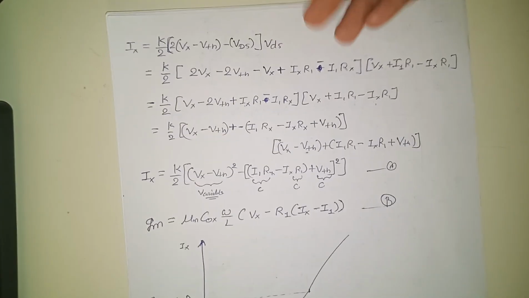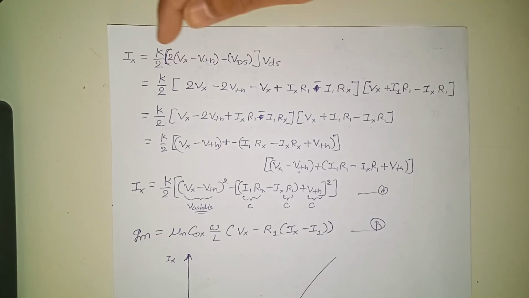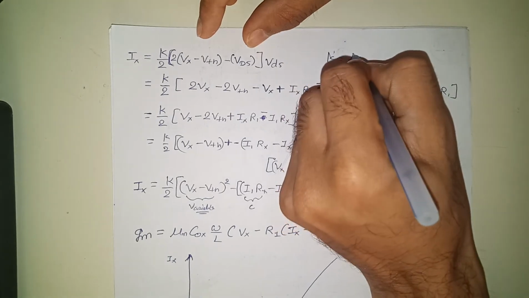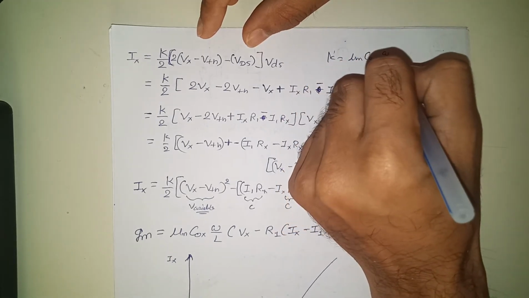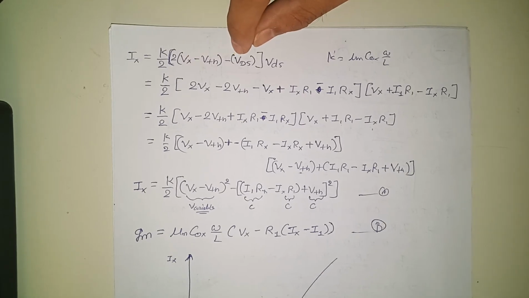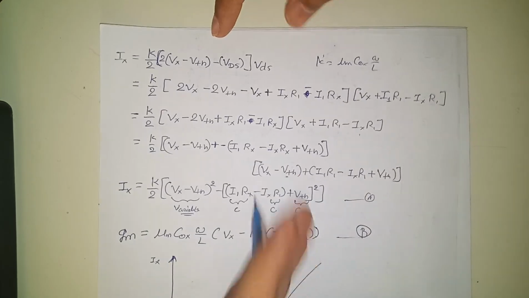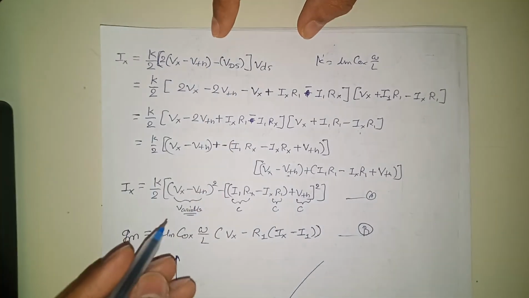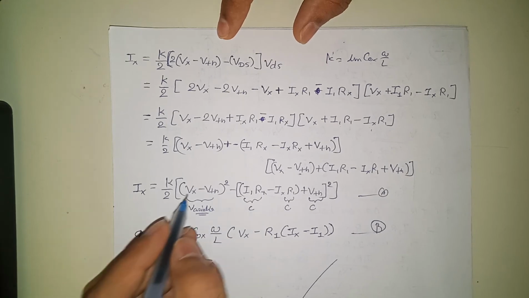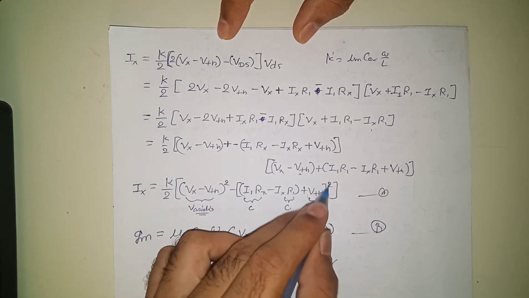Okay, so this is the equation of Ix. K by 2, again K is mu n Cox W by L, 2 VGS minus VTH minus VDS. VDS is outside because we want some simplification out of this equation. So finally you will get Vx minus VTH square minus this whole term plus VTH square.